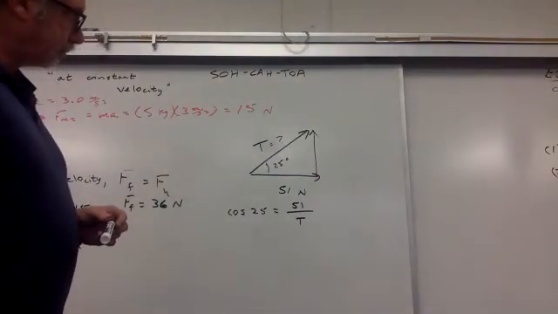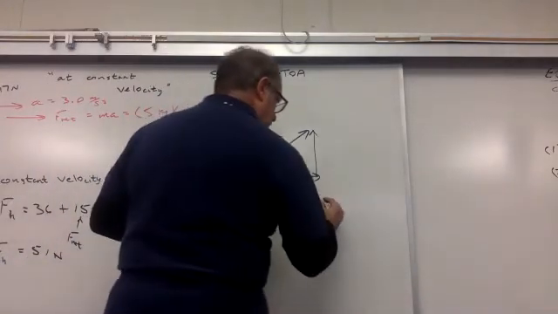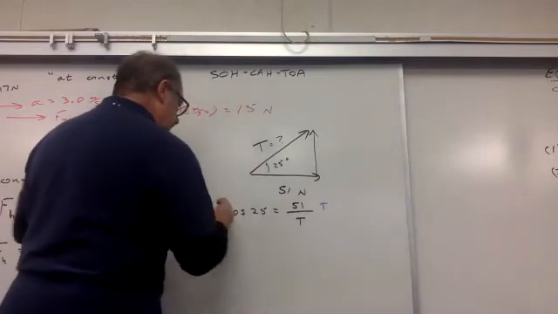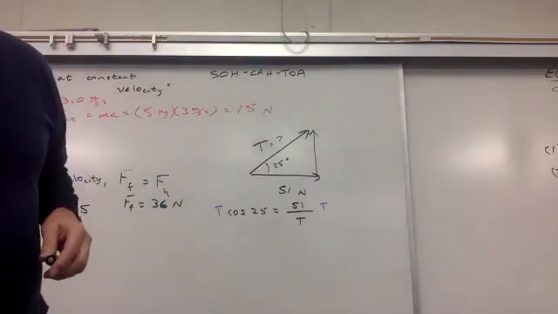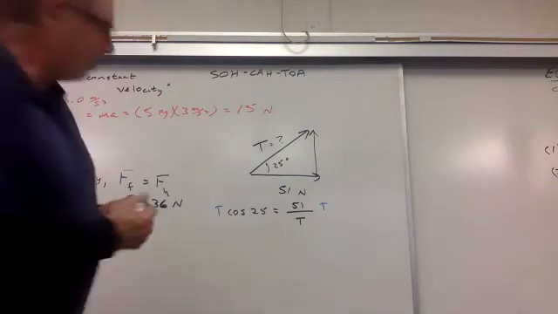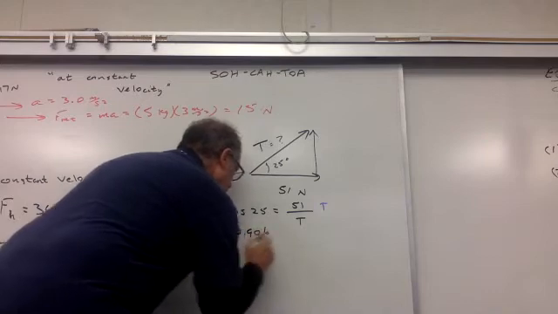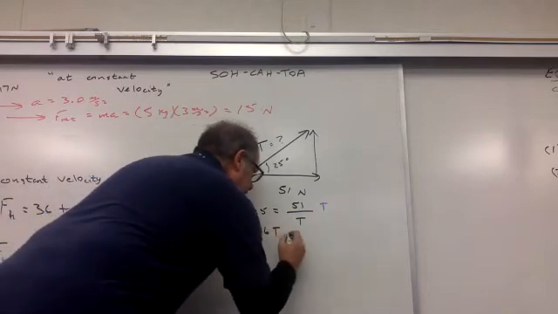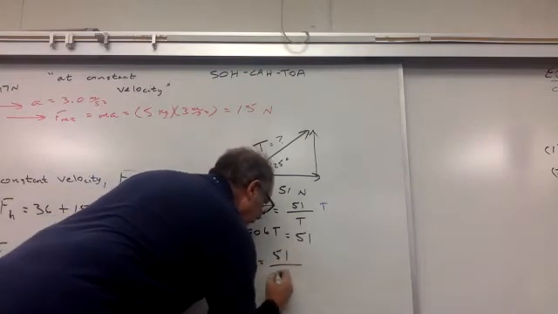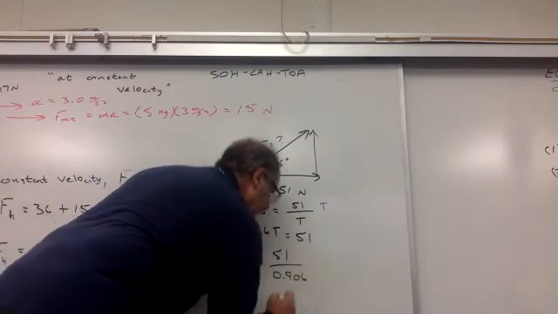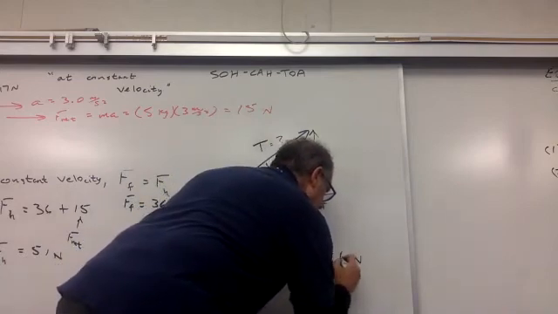Multiply both sides by T. Actually, what's cosine of 25? I get 0.906. So T times 0.906 is equal to 51, and then T is equal to 51 over 0.906, which turns out to be 56 newtons.